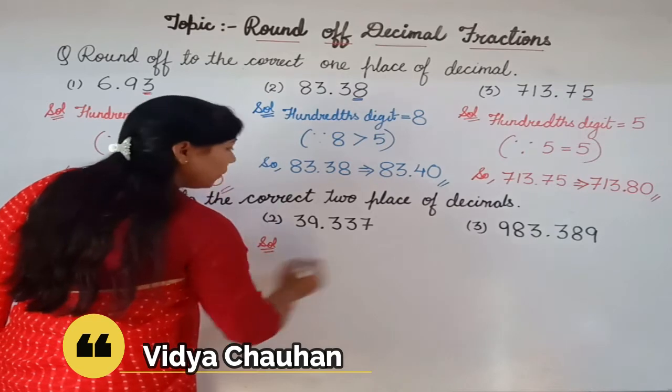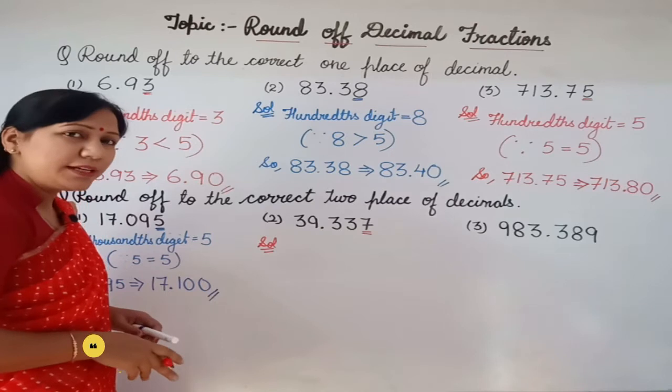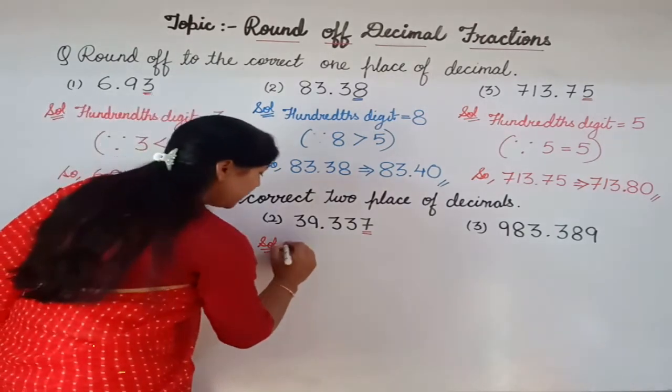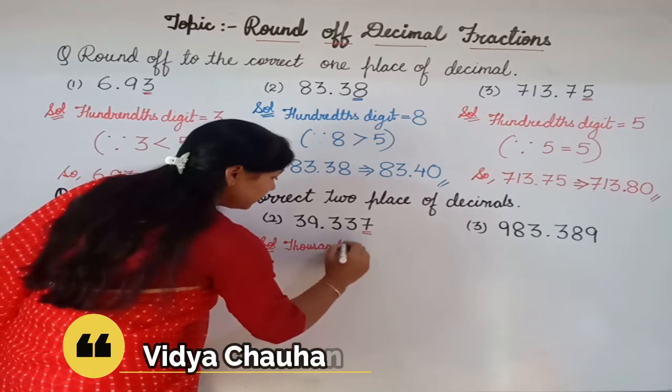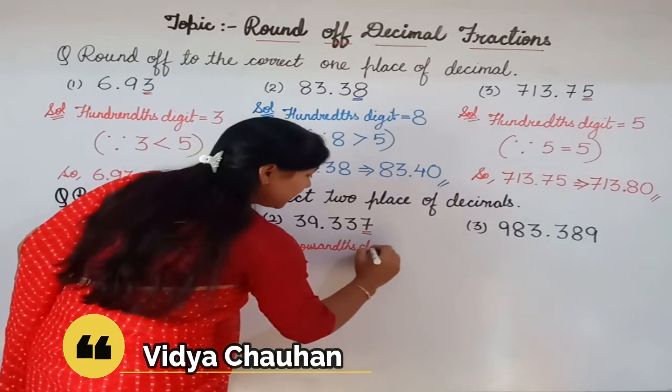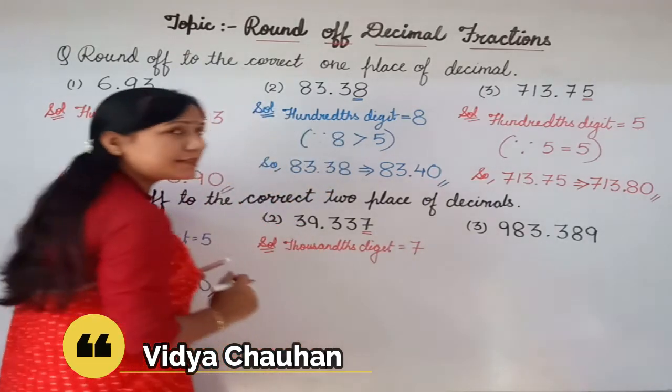Let's take the second example from your exercise: 39.337. Once again, what is the digit at the thousandths place in this number? It is 7. So first you will write the thousandths digit, which is 7.